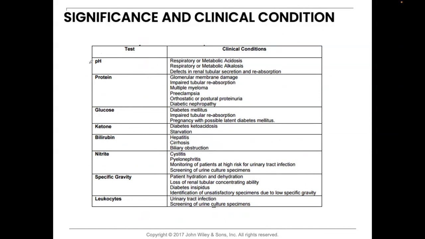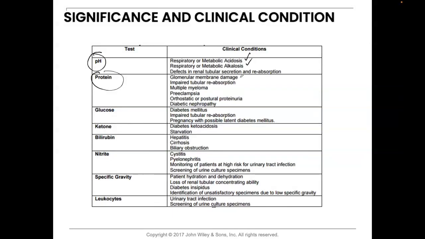So when we're looking at pH, well, that can let us know if there's some sort of respiratory or metabolic acidosis going on or alkalosis. Are there any defects in renal tubular secretion and reabsorption? Well, protein can be checked.